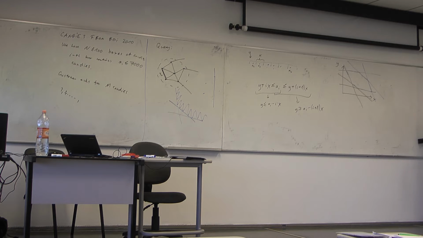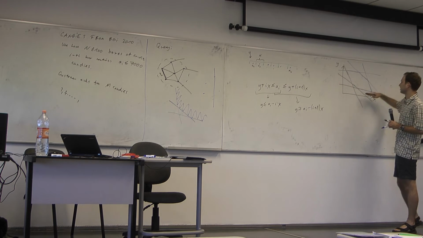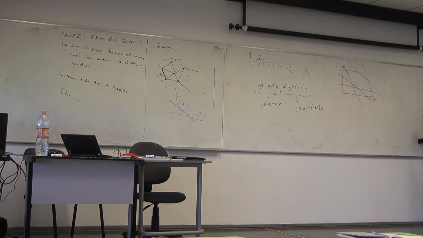So if we put those lower bounds together and the upper bounds together, we can observe that the lower bounds form a convex function, because it's a maximum of linear functions. So the lower bound looks like this.